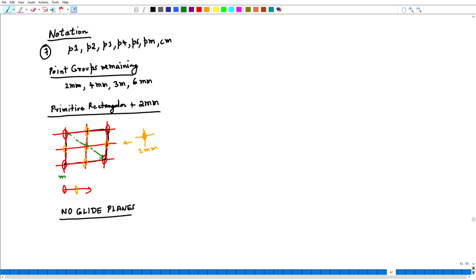This is a lattice translation. I could take that, except that the parallel component would also be a lattice translation, which you can inspect and find out for yourself. Now, let us take a centered rectangular and add 2mm to that.